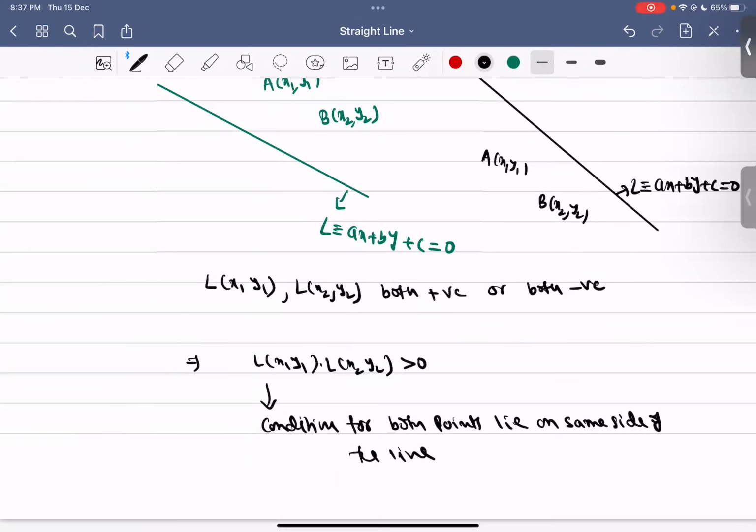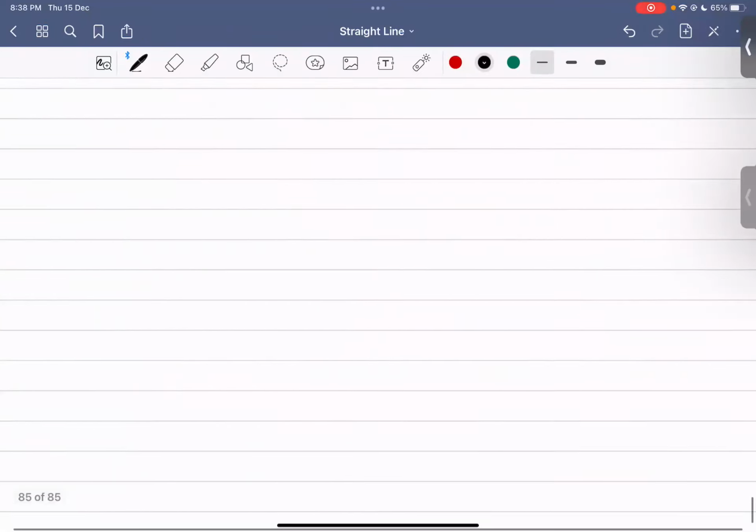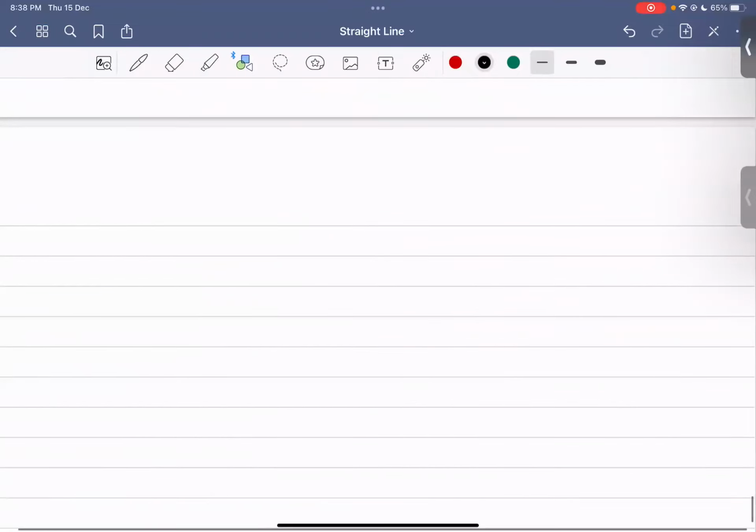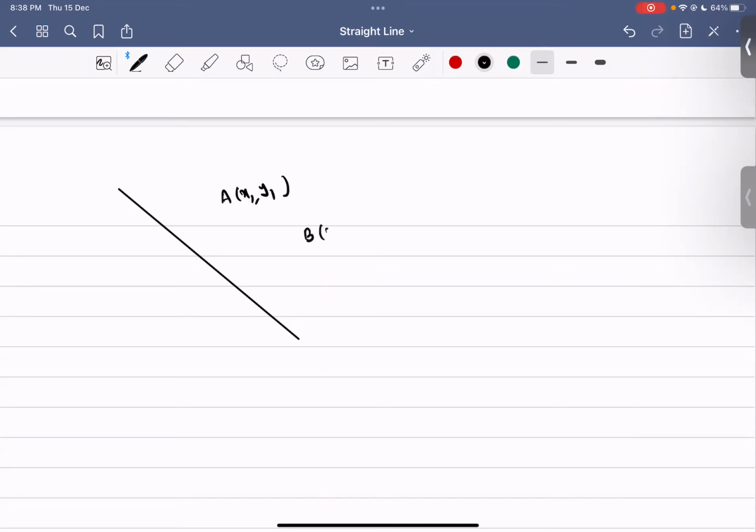Now, next, come to the next case. Suppose this is the line. Now here the point (x1, y1) is over here, and suppose (x2, y2) is also this side, and (x3, y3) is on the other side. Now this line is L of (x, y) equal to ax plus by plus c equal to 0.